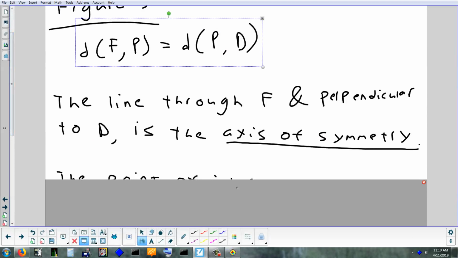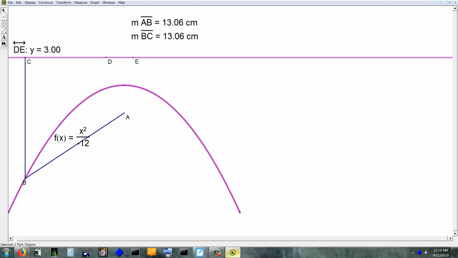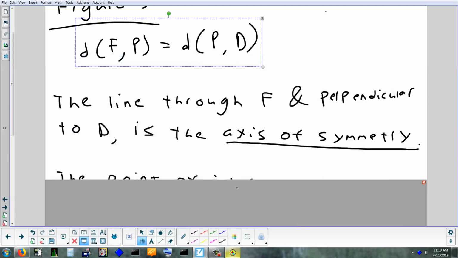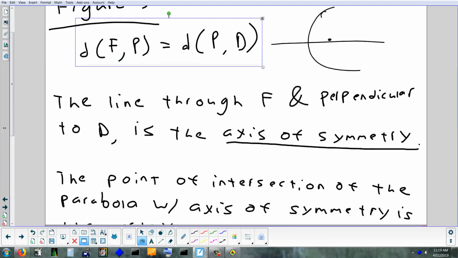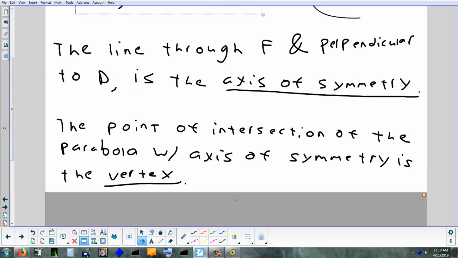Depending on which way the parabola faces, the axis of symmetry could be horizontal or vertical. In this problem, the axis of symmetry is vertical. If I drew my parabola this way, and my focus was here, the axis of symmetry would be horizontal. The point where the axis of symmetry and the parabola cross is a special point called the vertex.